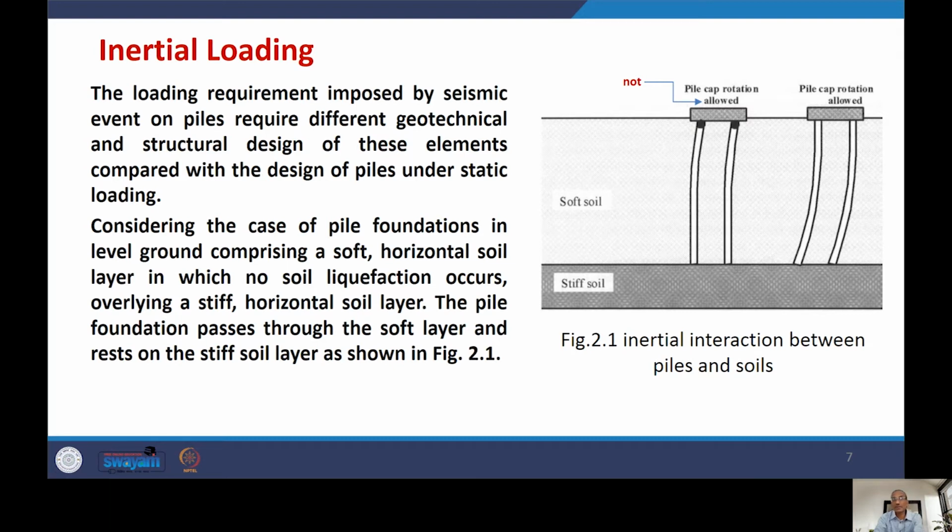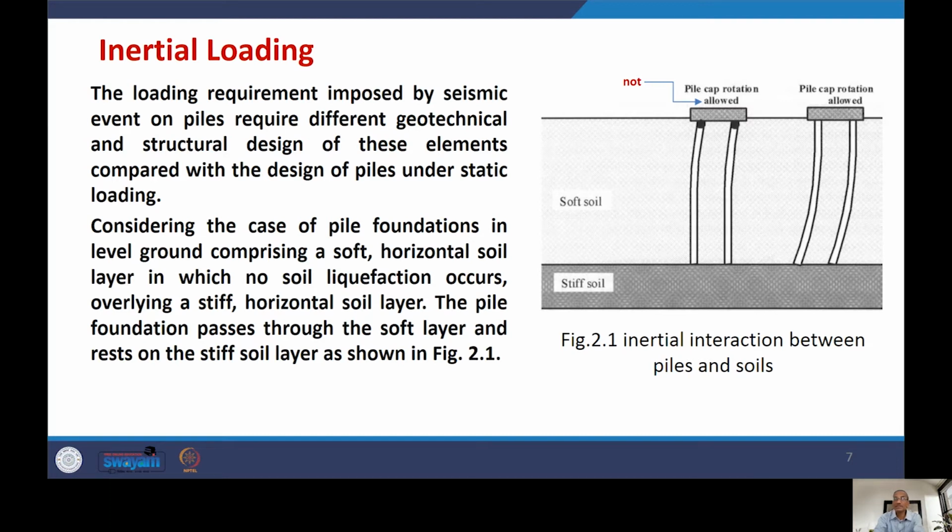It comprises a soft horizontal soil layer in which no soil liquefaction occurs, overlying a stiff horizontal soil layer, and the pile foundation passes through the soft layer and rests on the stiff layer. One thing is important to note here: this soft soil is horizontal, that is not sloping, so we are not considering lateral spreading here. At the same time, the soft soil itself is non-liquefiable.